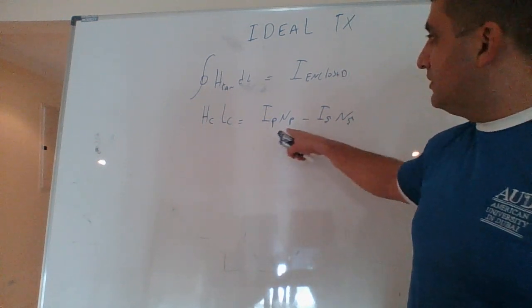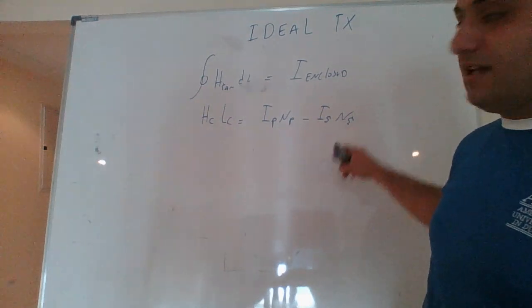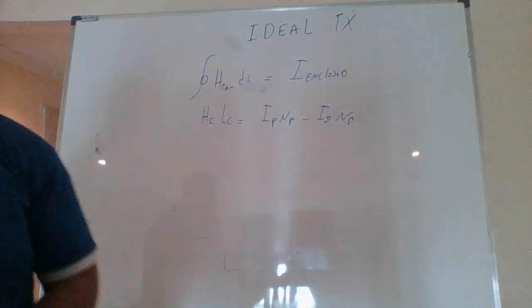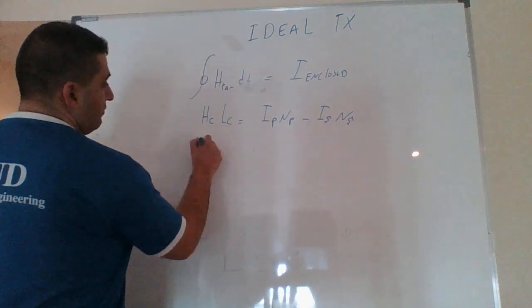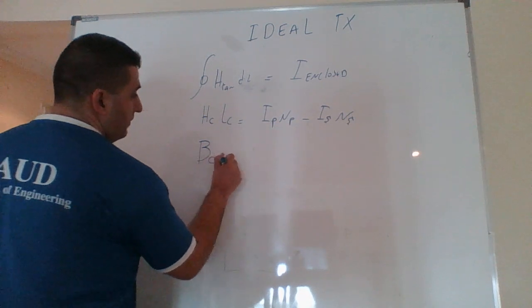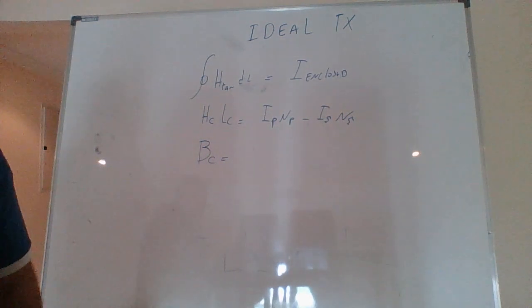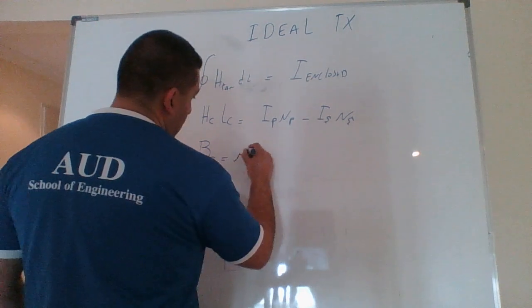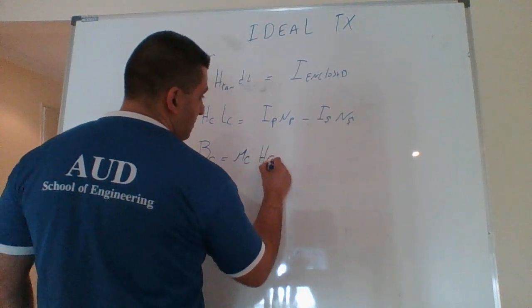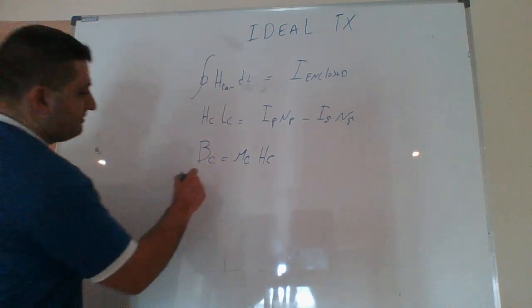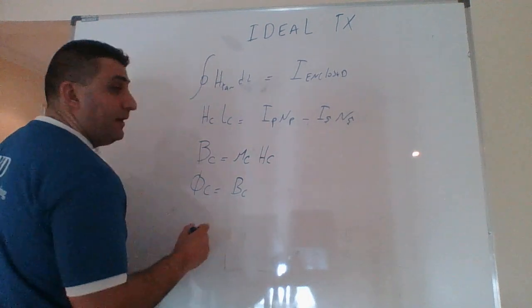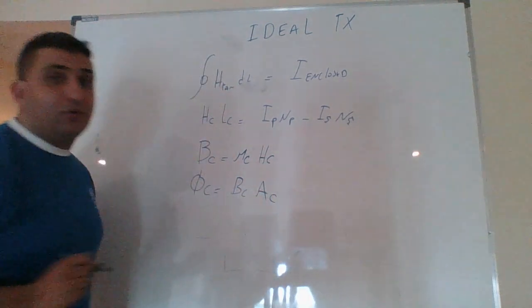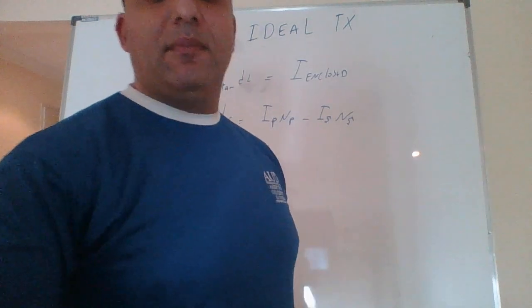What's the magnetic flux density B? B of the core is equal to mu of the core, the permeability of the core, times HC of the core. What's the flux of the core? It's equal to B of the core multiplied by the cross-section area of the core.